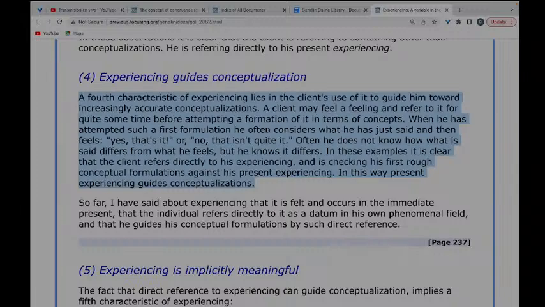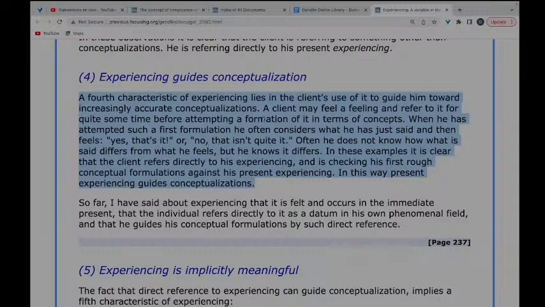A client may feel a feeling and refer to it for quite some time before attempting a formation of it in terms of concepts. When he has attempted such a first formulation, he often considers what he has just said and then feels, yes, that's it, or no, that isn't quite it.